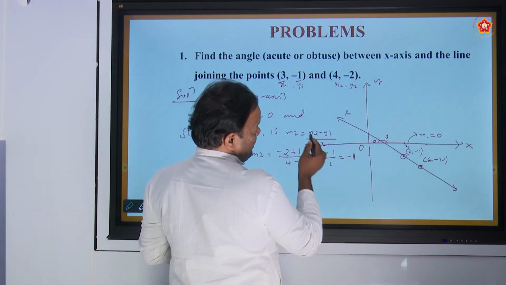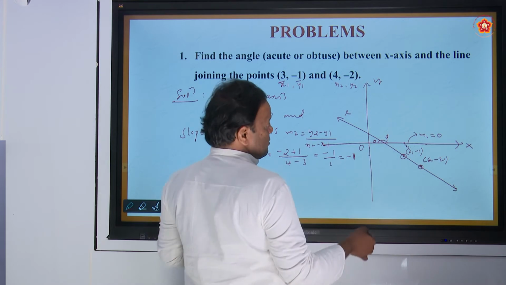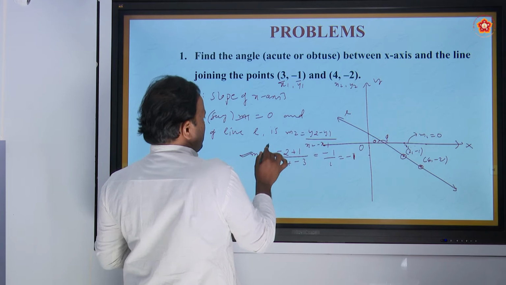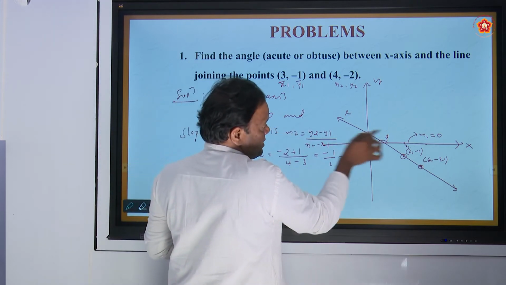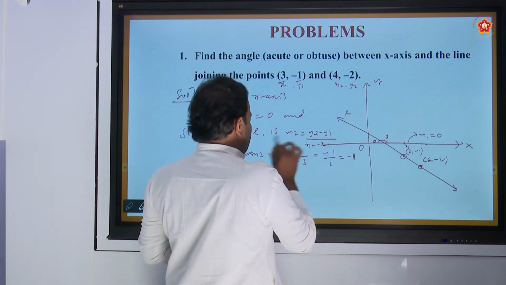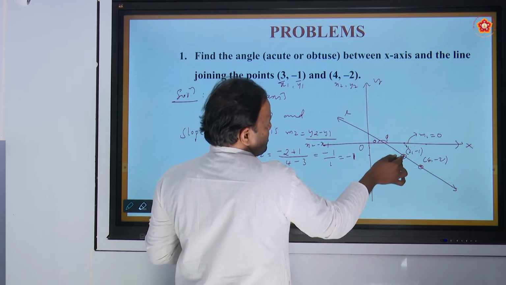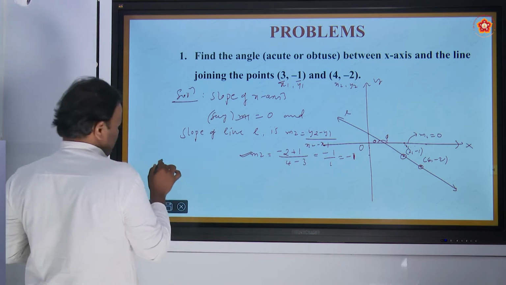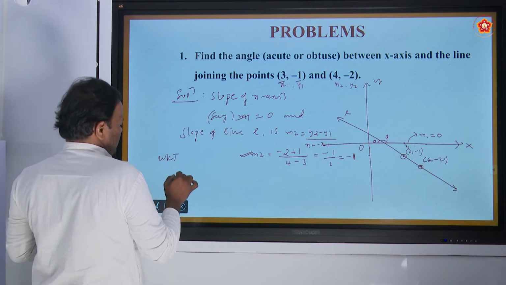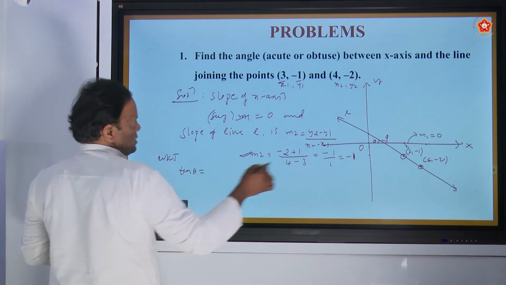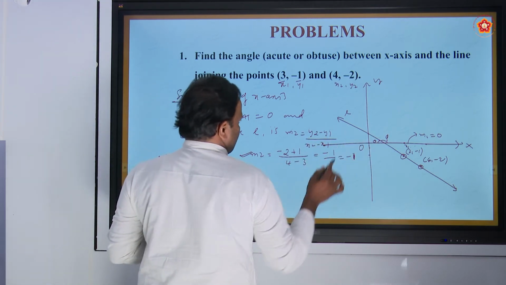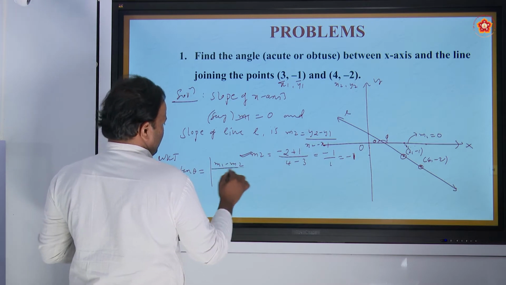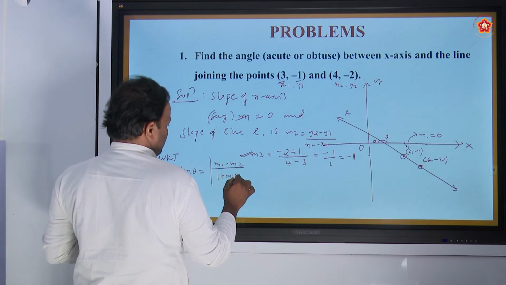m2 is the slope of the line L, the line joining the points 3, minus 1 and 4, minus 2. We know m1 is 0, the slope of the x axis, which is always 0. Now use the formula. For the acute angle theta, tan theta is equal to the mod of (m1 minus m2) divided by (1 plus m1 into m2).